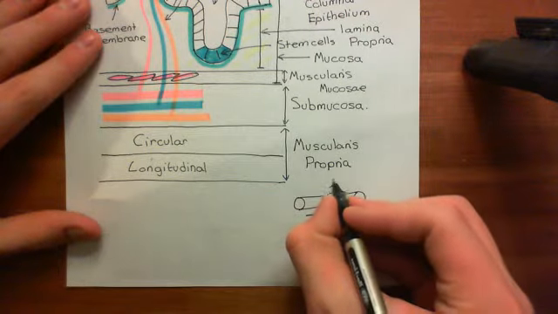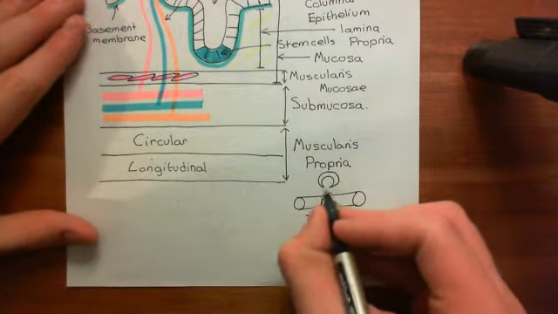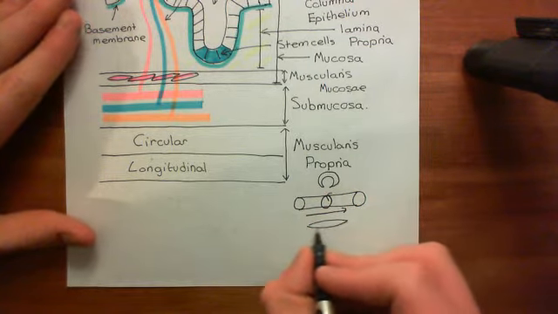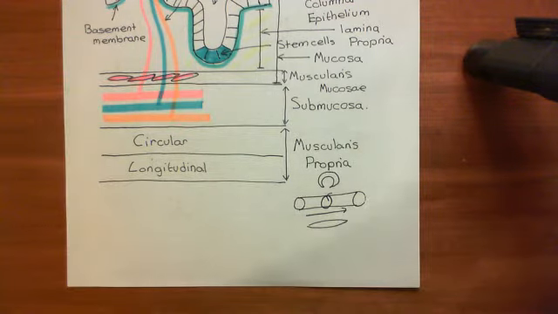So if I draw this really vividly, here is a smooth muscle fiber that will be in the circular portion, and here's a smooth muscle fiber that will be in the longitudinal portion. So they're the same sort of smooth muscle fibers. There's not any difference between them. All that's different between them is which orientation they're in.